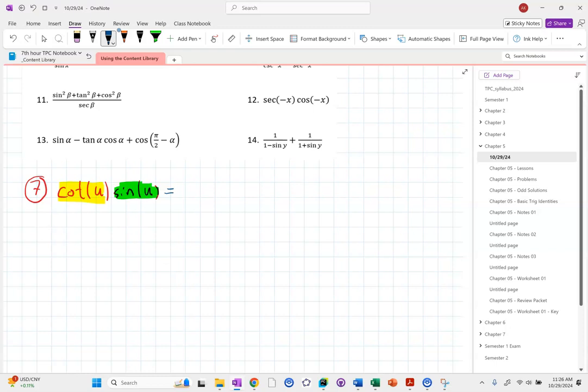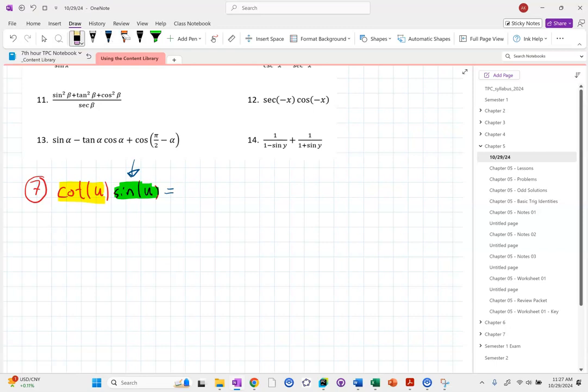Well, you could use that, but the problem is you're eventually going to want to combine some stuff together because we want to get this down to a single trig function. So I want to look for a cotangent identity that also has a sine in it somewhere.